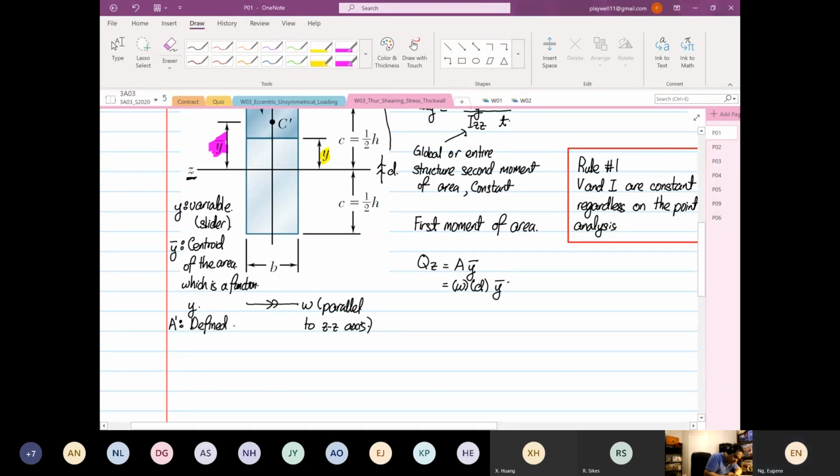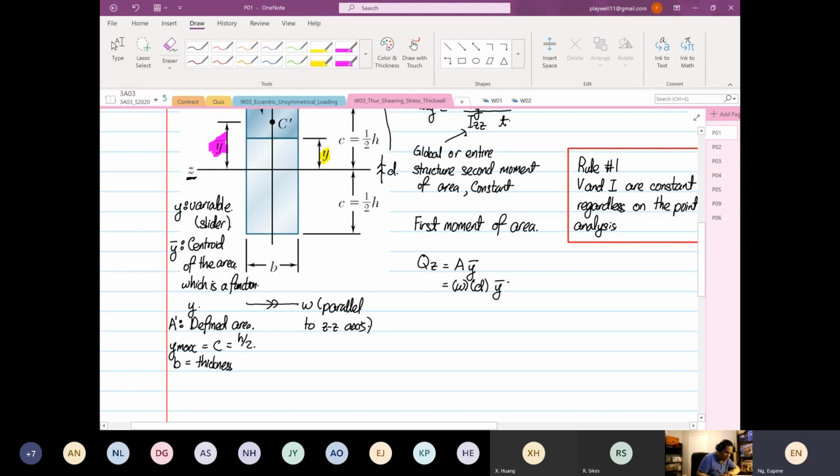And y max, for this case, as shown in the figure, can be equal to C or can be equal to H over 2. And B for this case is the thickness. Again, the thickness is parallel to the axis of interest.